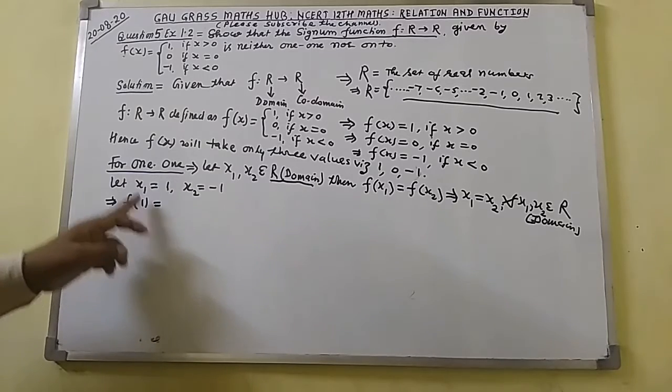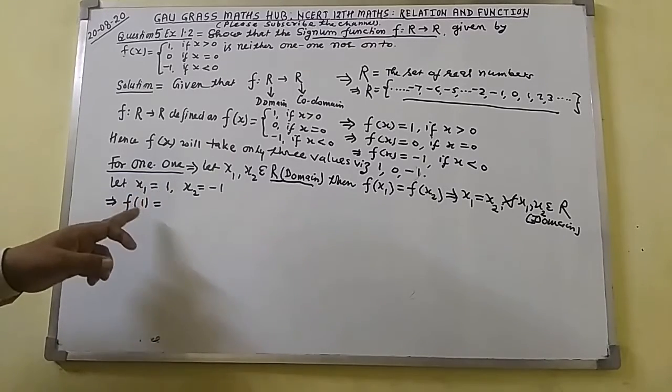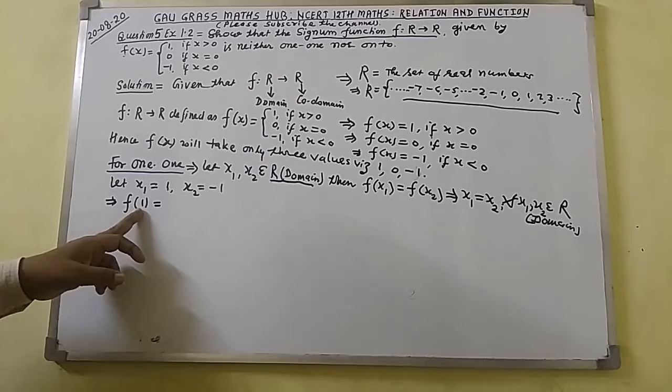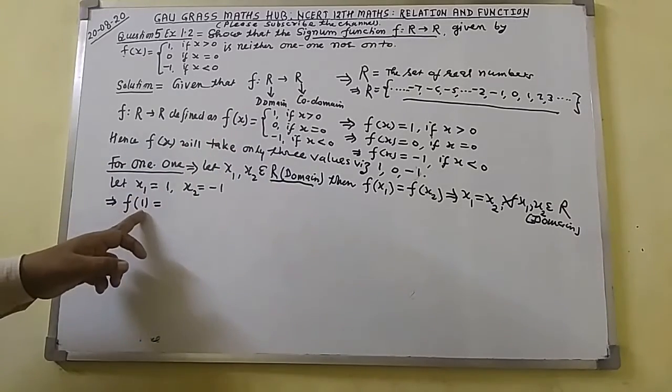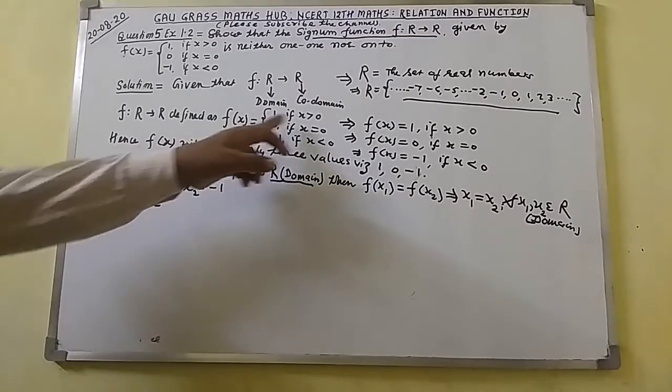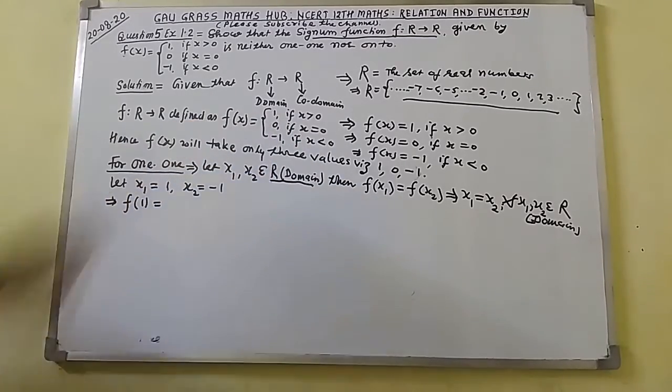Here you can see x1 equal to 1, so in place of x I shall put x1 equal to 1. Since 1 is greater than 0, it will come 1. Image of 1 will be 1.